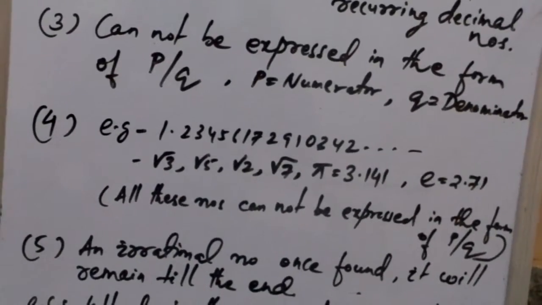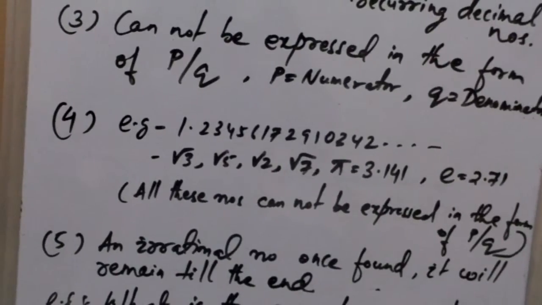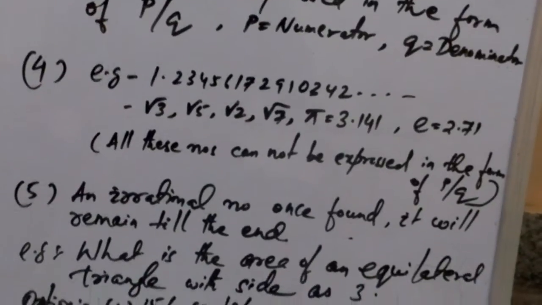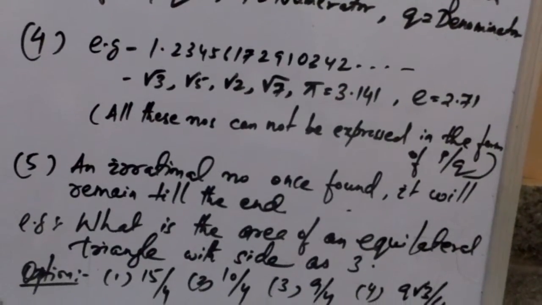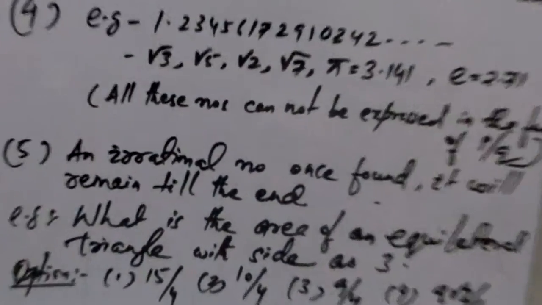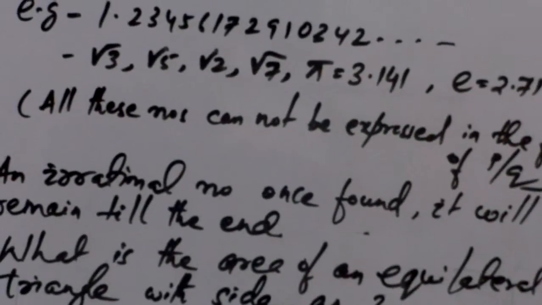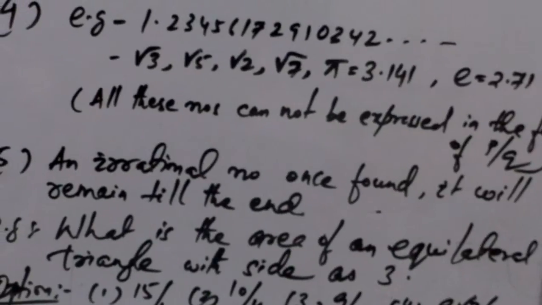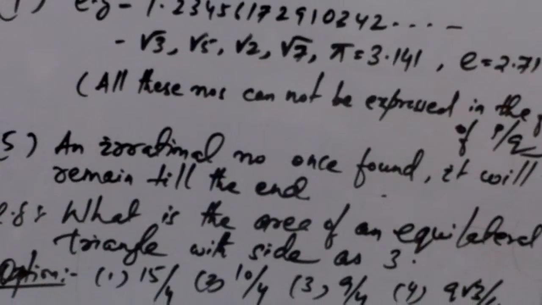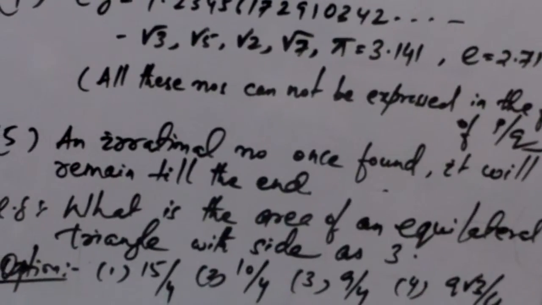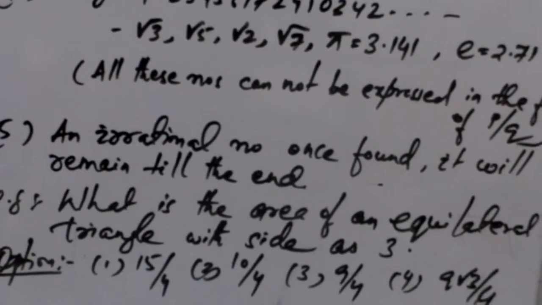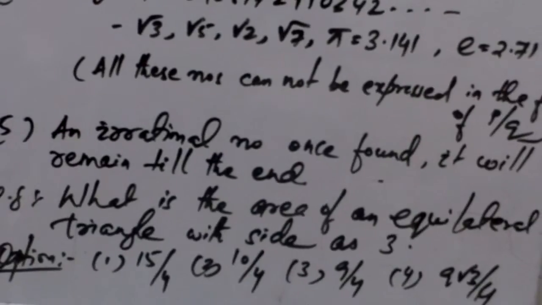Let's look at one example. If I ask what is the area of an equilateral triangle with side 3, it is a very easy question. As we all know, the area of an equilateral triangle is root 3 by 4 into side squared.